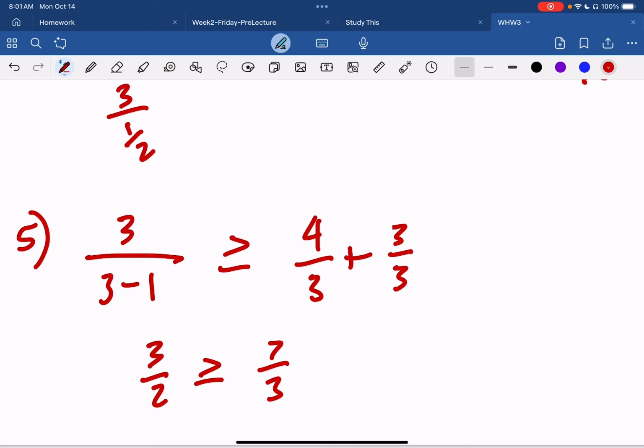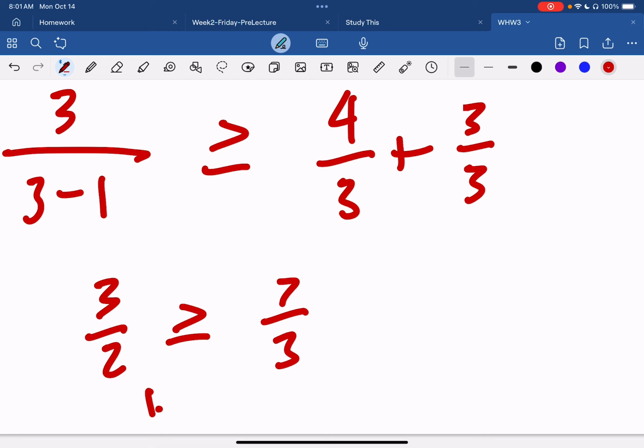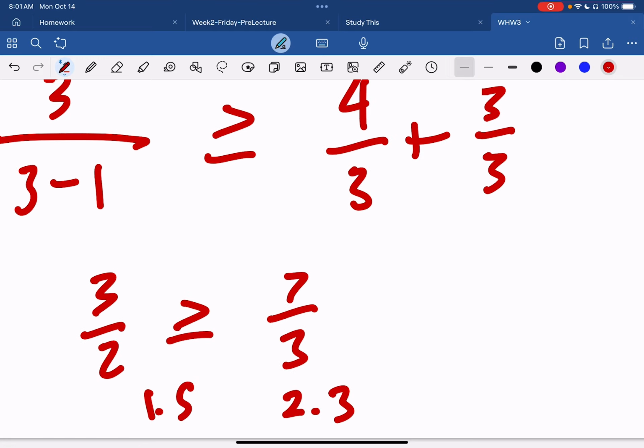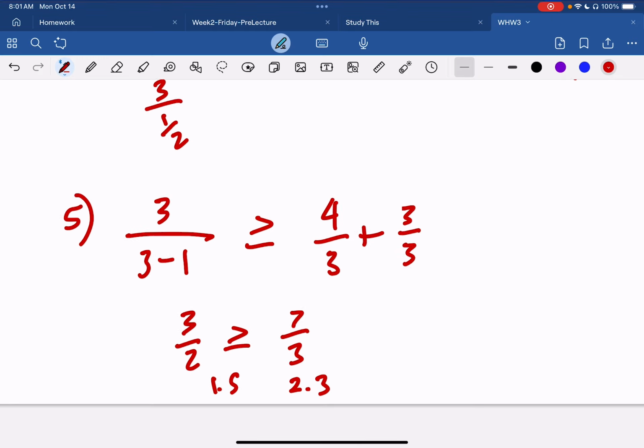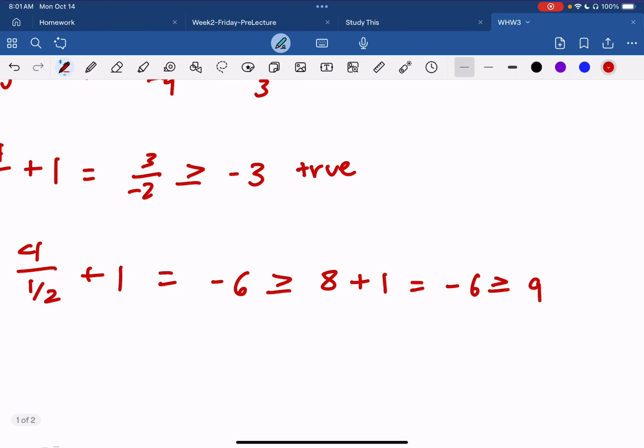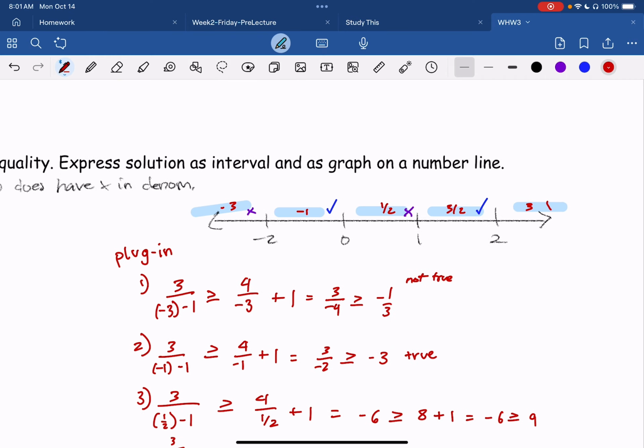And so 3 over 2 is 1.5. 7 over 3 is 2.3. So this is not true. So this does not work.